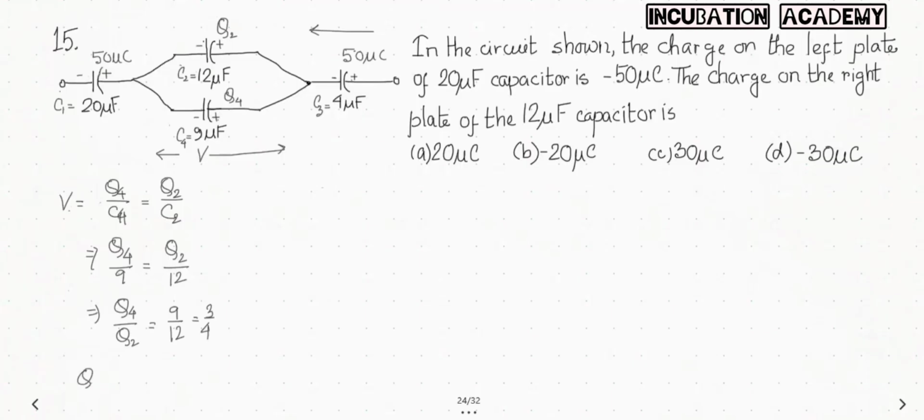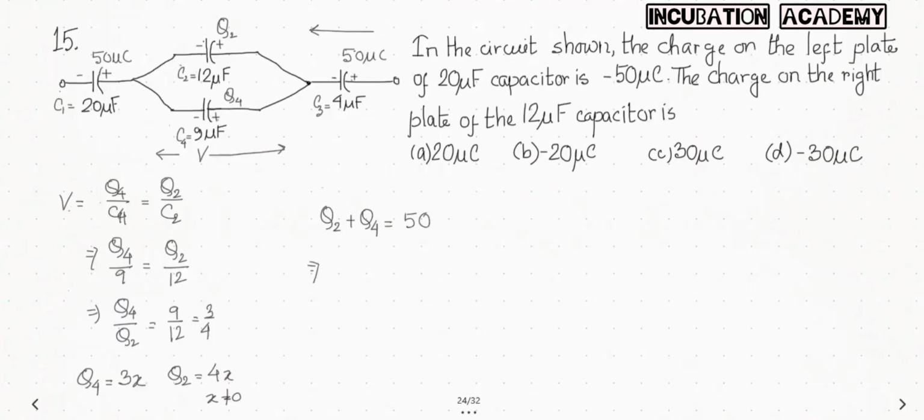So we can say Q4, the charge stored in the C4 capacitor, is 3x, and the charge Q2 stored in the C2 capacitor is 4x. Obviously x is not equal to 0. Since this 50 microcoulomb from C3 is shared between C2 and C4, we can say Q2 plus Q4 is equal to 50.